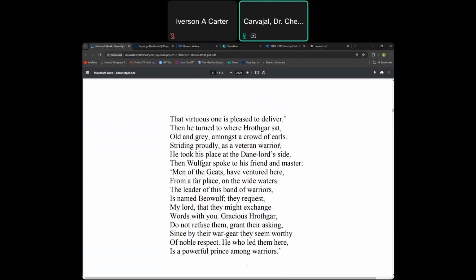And there are actually other sagas besides Beowulf. I guess I'll put that in the chat too. There are several Finnish and Norwegian sagas. There's one, and it's Grettir.